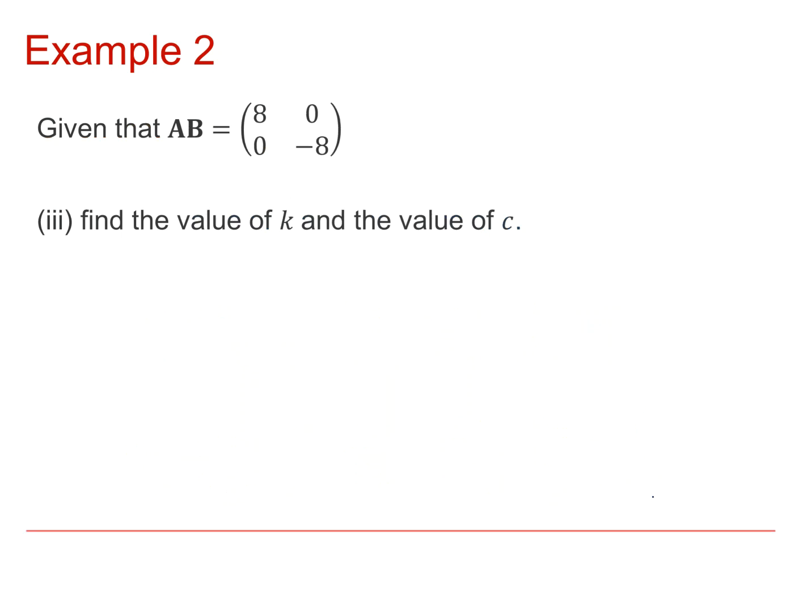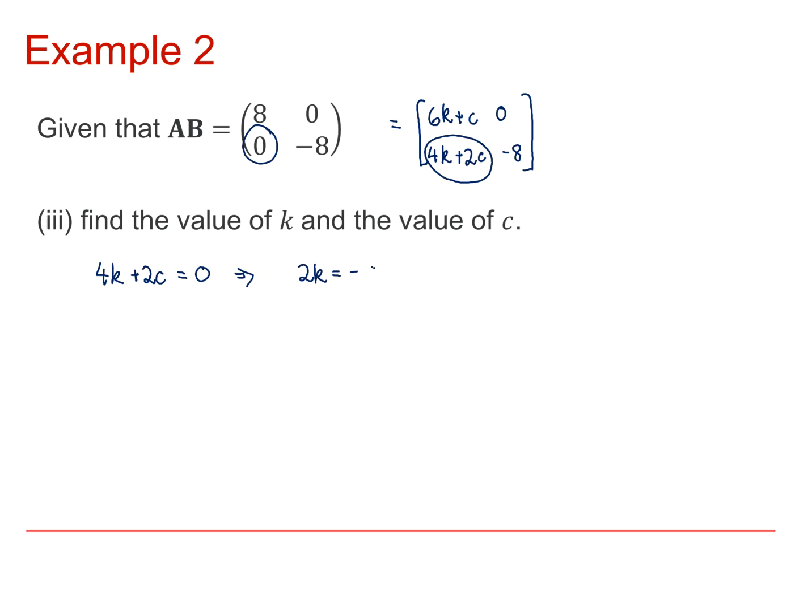There's a bit more to this question. We're told that AB is 8, 0, 0, minus 8. And we've just worked out that that's 6k plus c, 0, 4k plus 2c, and minus 8. And we're asked to find the value of k and the value of c. Well, if we look at these elements, we can see that 4k plus 2c must be equal to 0. And that means that 2k is equal to minus c.